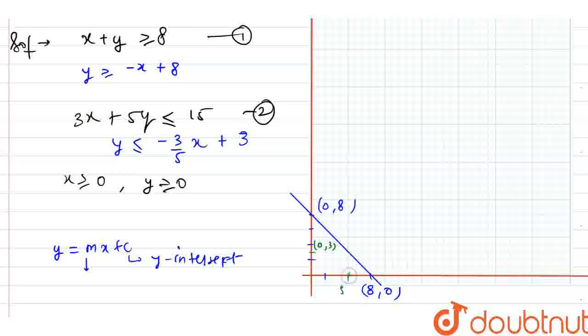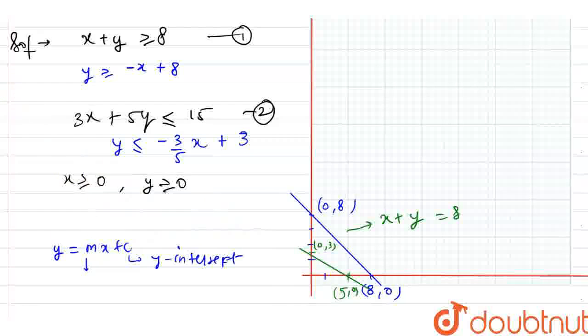Now I'm joining these points, so I will get my line. First I'm writing the equation of the line. This equation is x plus y equals 8. I'm joining the points 0 comma 3 and 5 comma 0. It will look something like that.